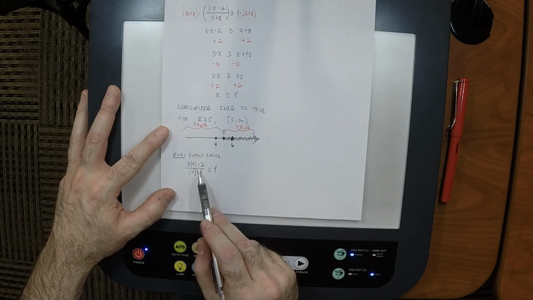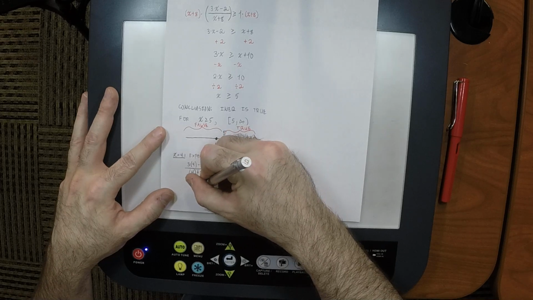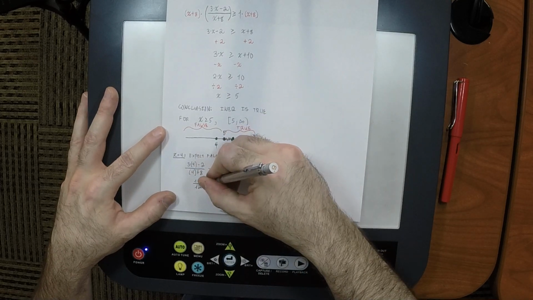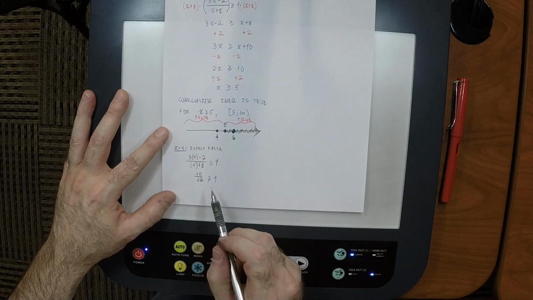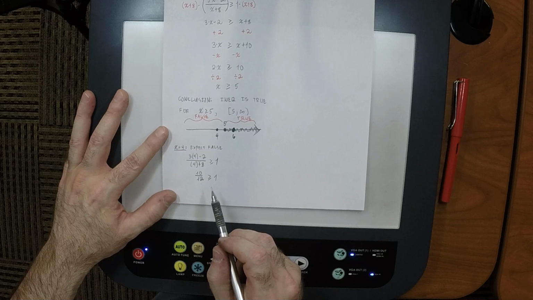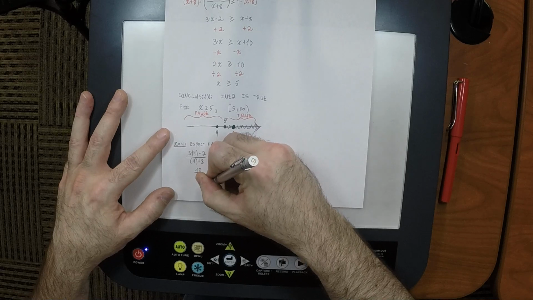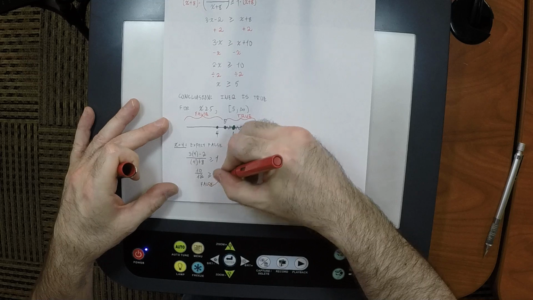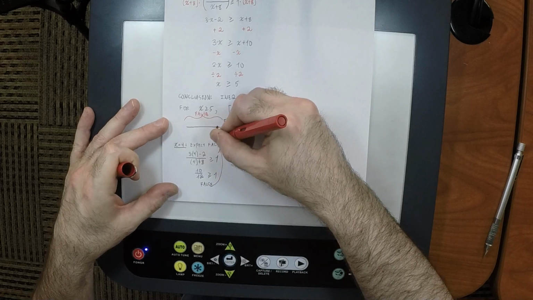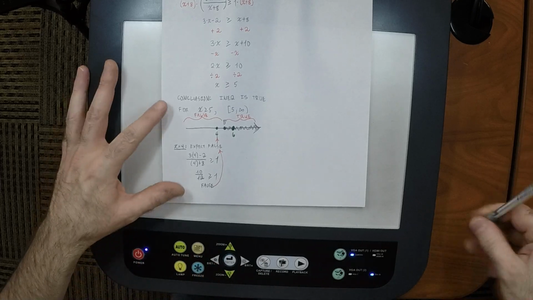So that's 12 minus 2 is 10 in the numerator over 12 in the denominator, greater than or equal to 1. So is that false or true? False. So is that what we expected? Yeah. We expected false. So that's good.